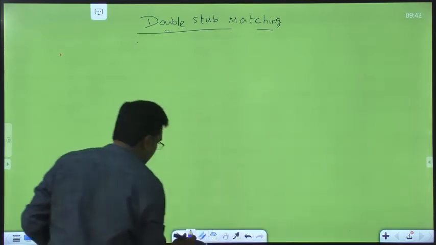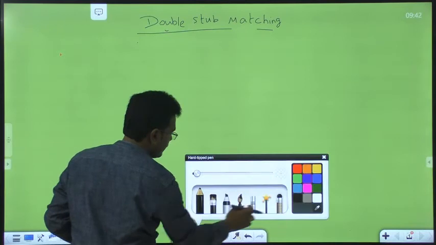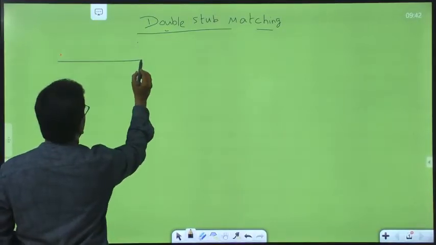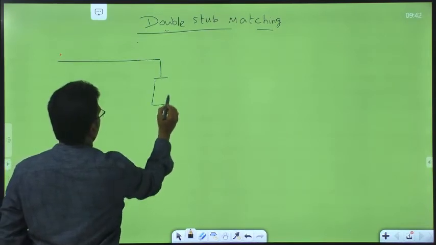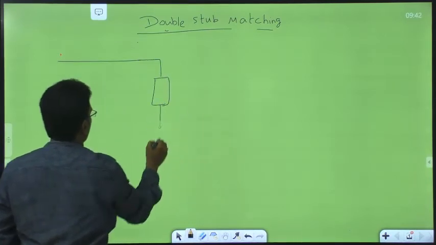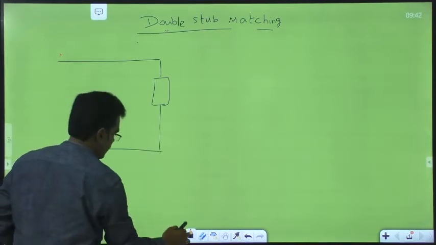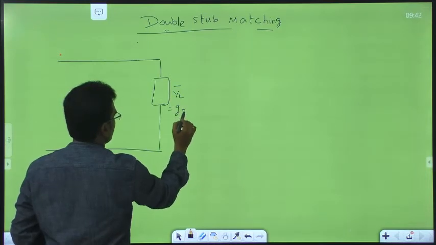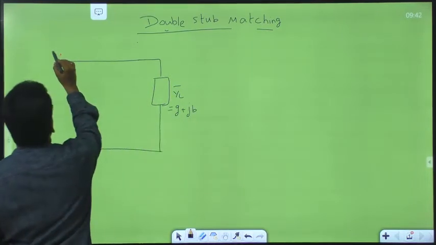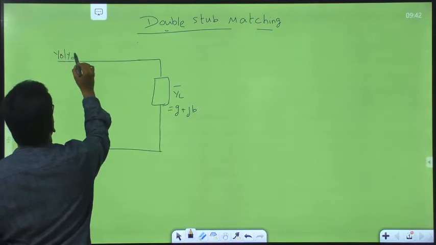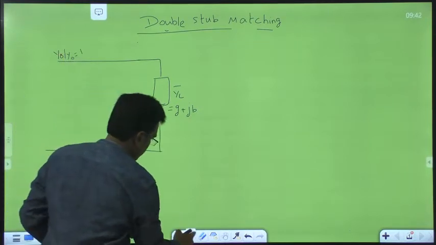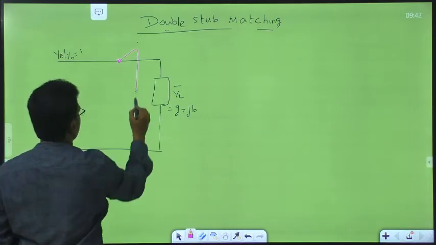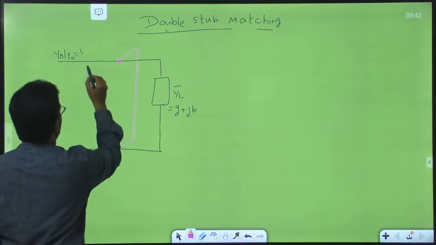So first I am drawing once again the diagram of the double stub matching technique, so that I can draw a Smith chart here clearly. This is YL bar, it is equal to G plus JB, and this is Y0 by Y0, it is equal to 1. Now we have to place a stub here at some location, and again another stub.